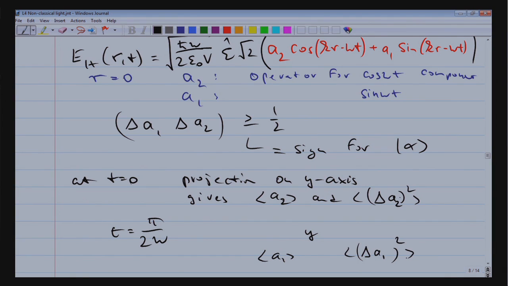Or alternatively, we don't need to wait. We can do t equals 0, and we can project onto the x-axis.